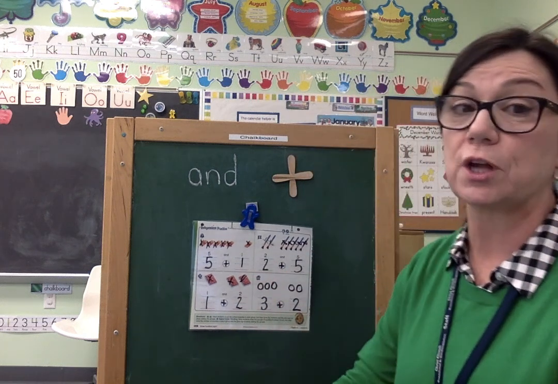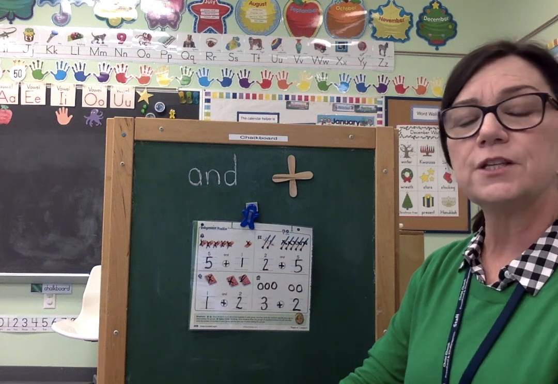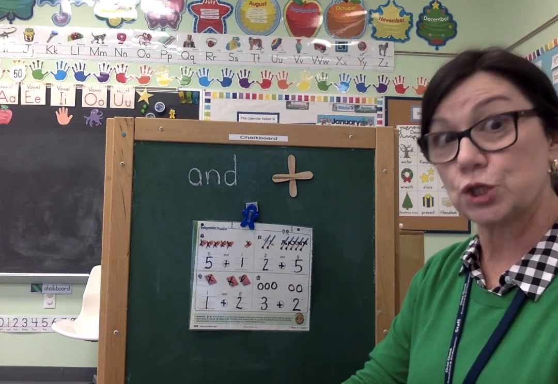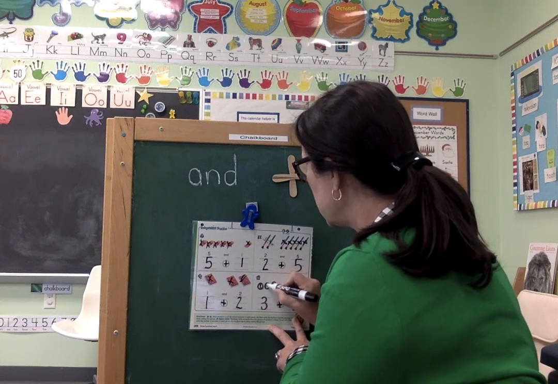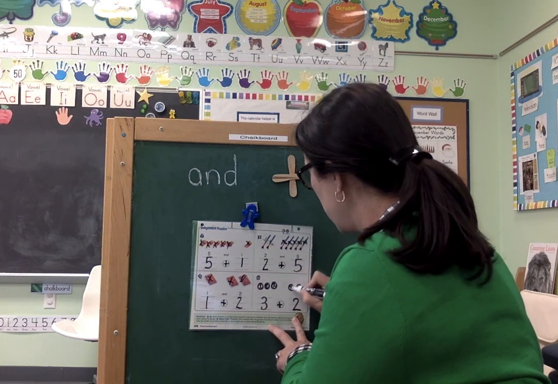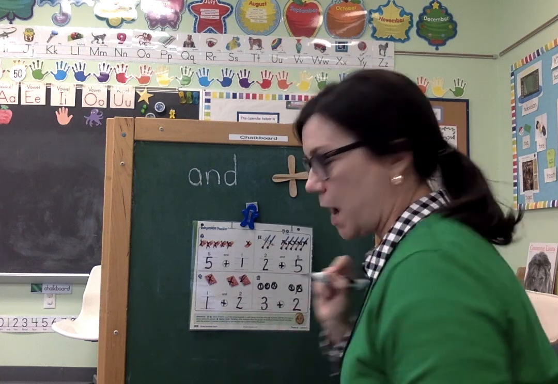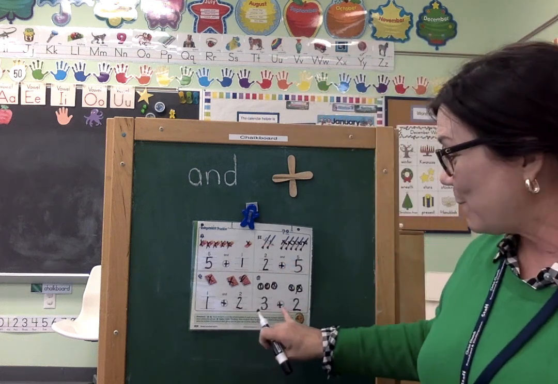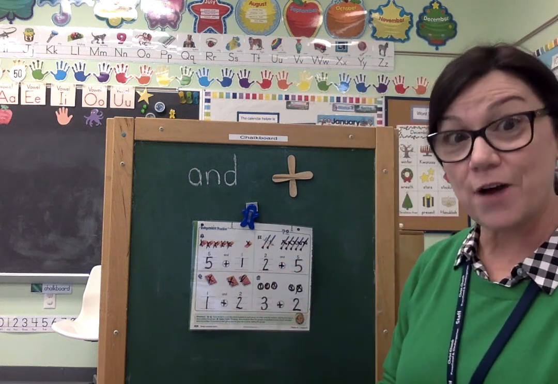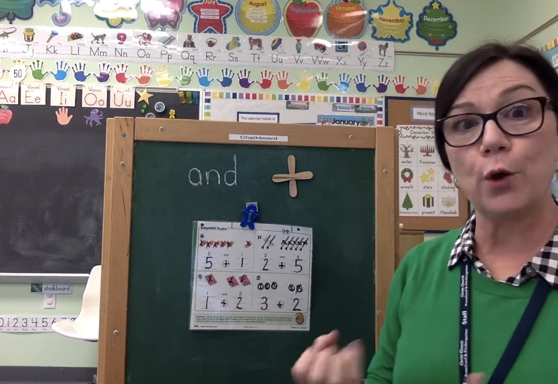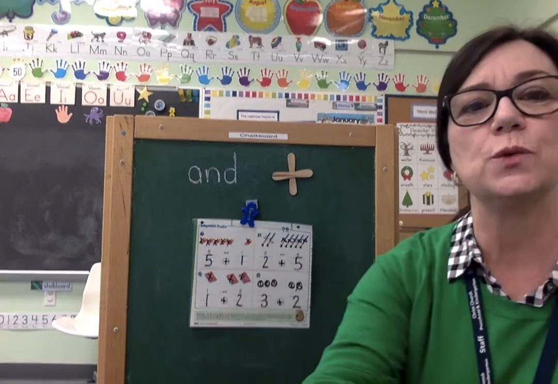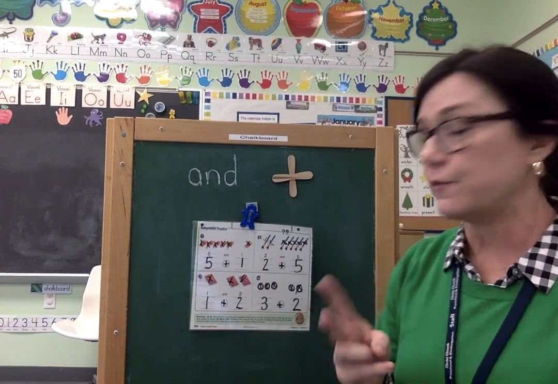All right, so we were supposed to come up with a combination of 5. Let's go back. We're going to X out our counters and make sure that they equal 5. So counting left to right. 1, 2, 3, 4, 5. 3 plus 2 equals 5. If you would like, you could use your Unifix cubes and go back and make those combinations with the 2 different colors of Unifix cubes.